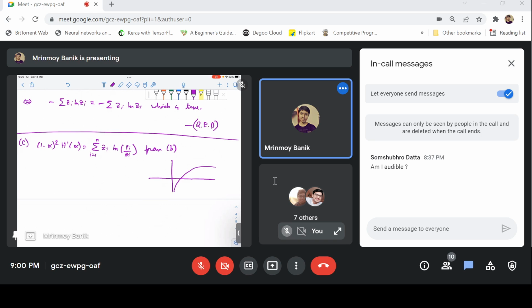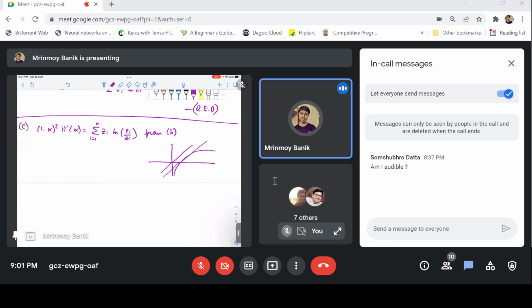So ln x, this looks like this, and the logarithmic function is slower than the function y equals x minus 1. Sorry, not 1 minus x, x minus 1.